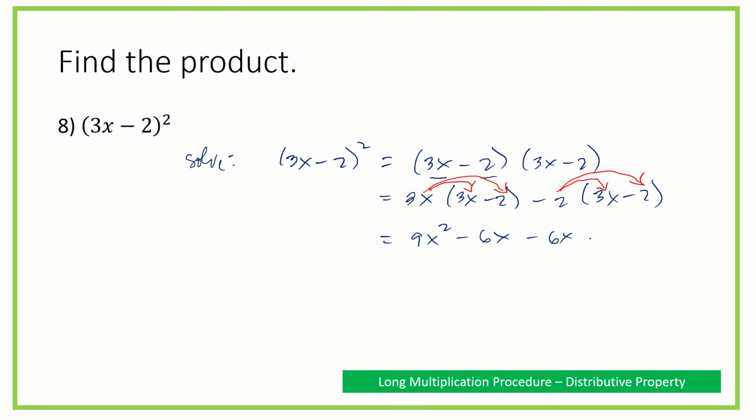Negative 2 times negative 2 is positive 4. Then finally, we can combine the second and the third term in here because they have the same literal coefficient x. So negative 6 plus negative 6 is negative 12x. Then finally, plus 4. So this is our answer.